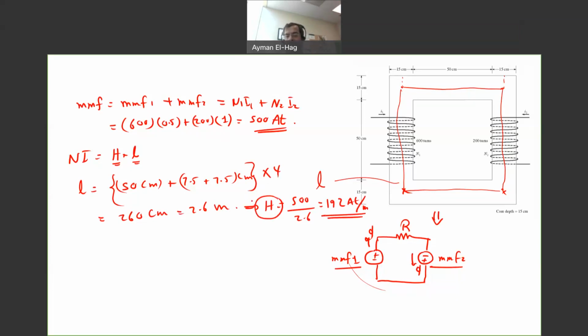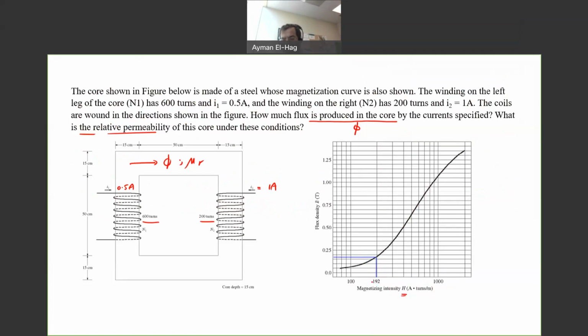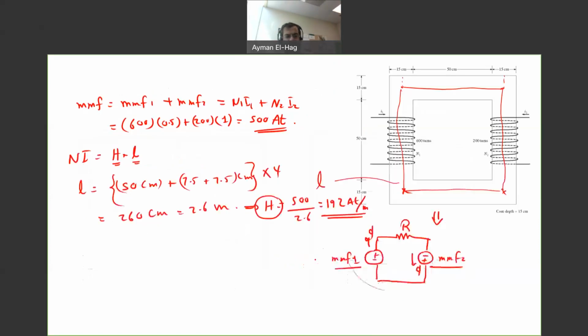Now you go back to the curve that we have, and with this H of 192, using the curve, you try to find the corresponding value of B. So B here is approximately equal to 0.17 Tesla. You might not get the exact value, but any approximation around this number will be fine.